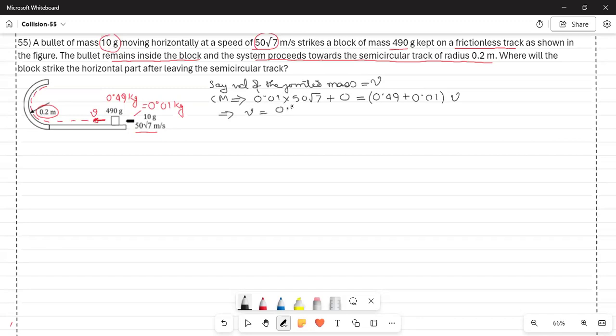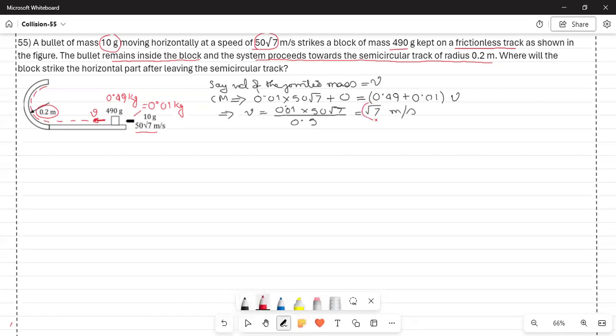From here we get velocity v is equal to 0.01 multiplied by 50 root 7, divided by 0.49 plus 0.01 which is 0.5, so v equals 7 meter per second.